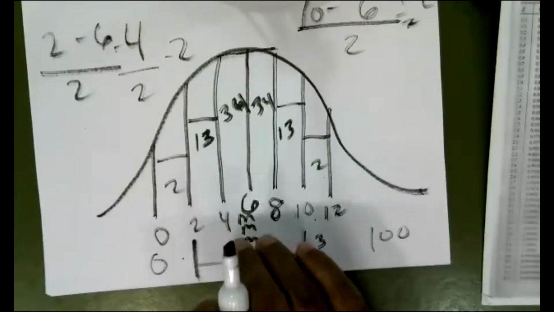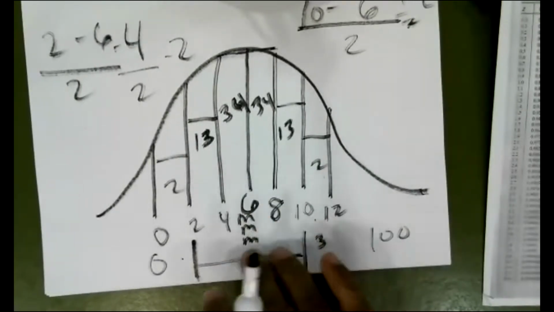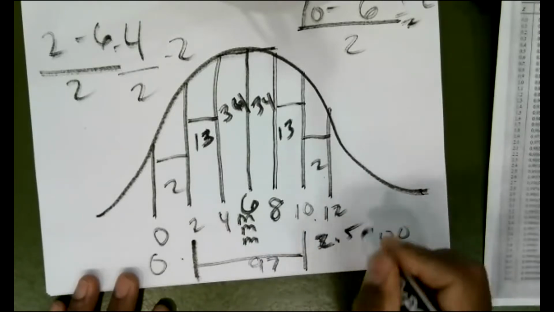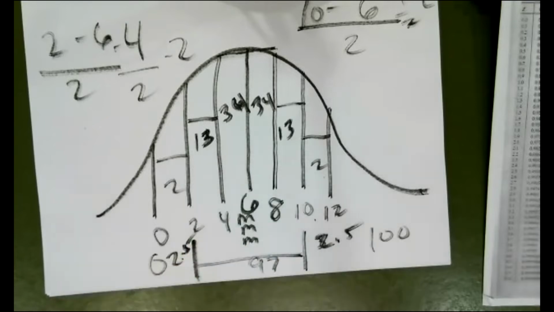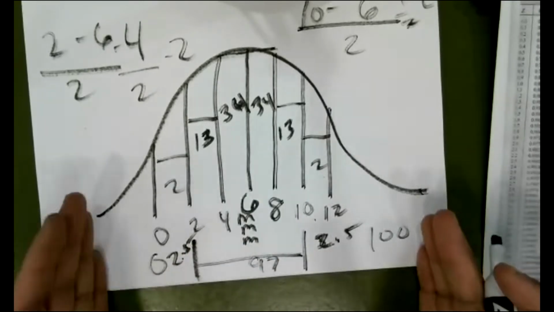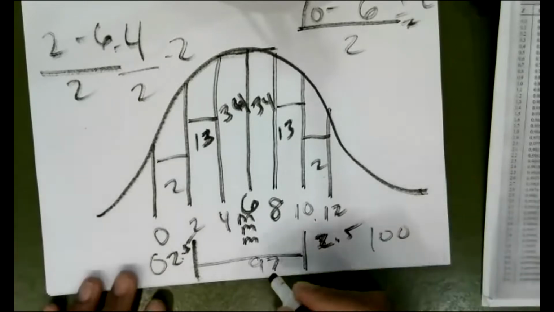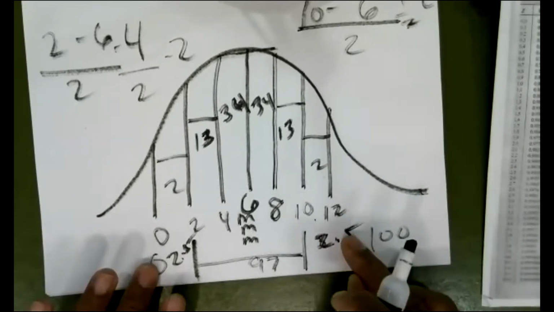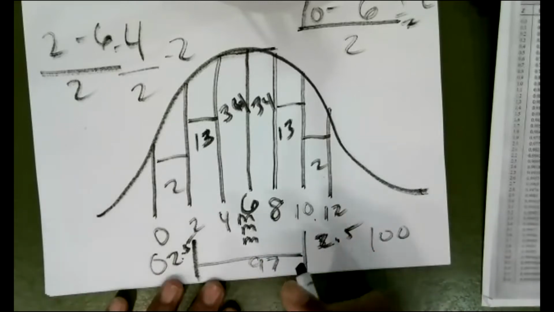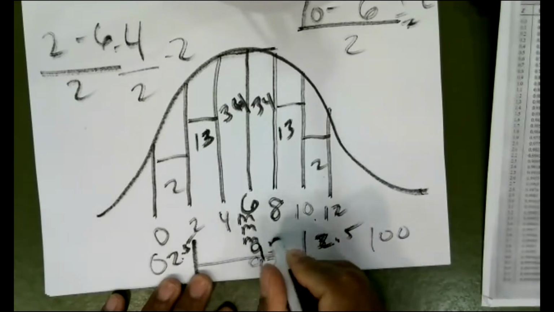We can also solve for the area in the center. I rounded this off, it's really 2.5, and this is 2.5. If we have 2.5 above that line and 2.5 below that line, it's 5% on the outside. Right here in the middle, we would have 95%.